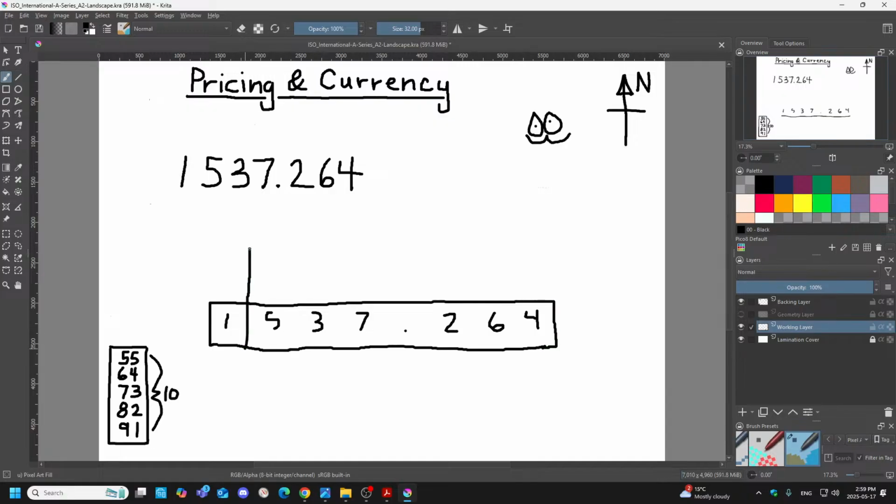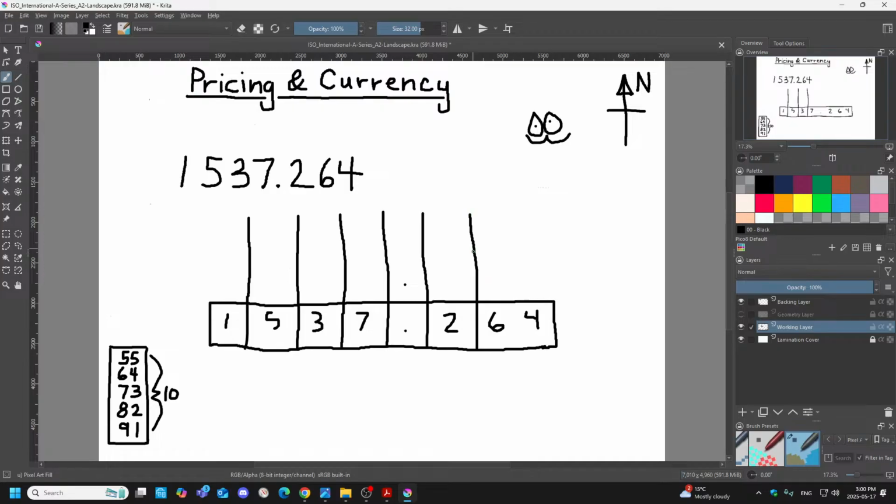So we're going to go like this, and we're going to separate each value and talk about it. I guess this would be the English number system.